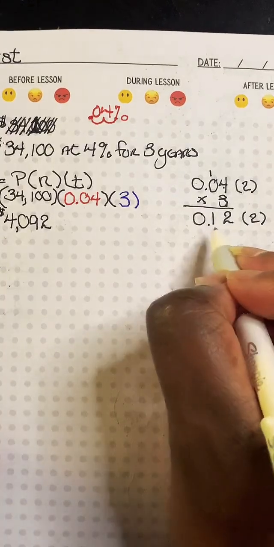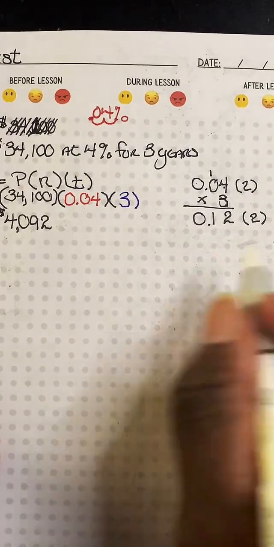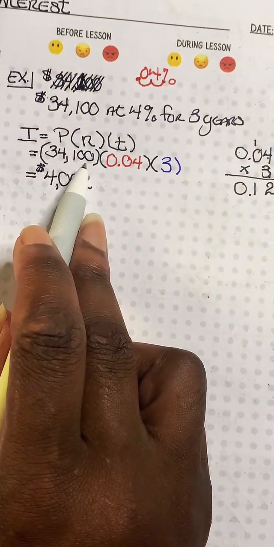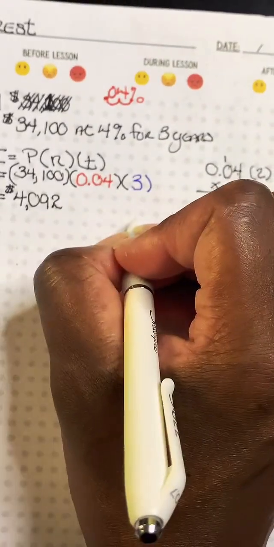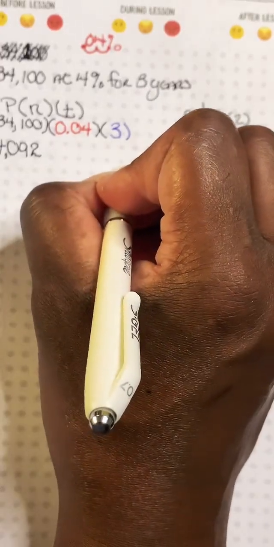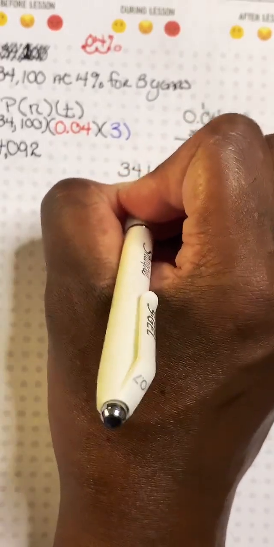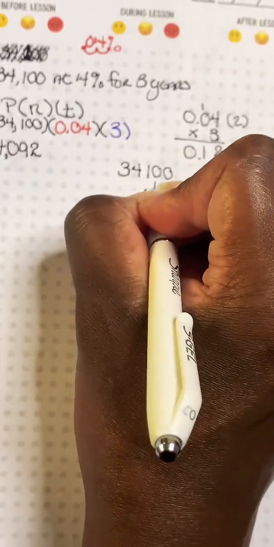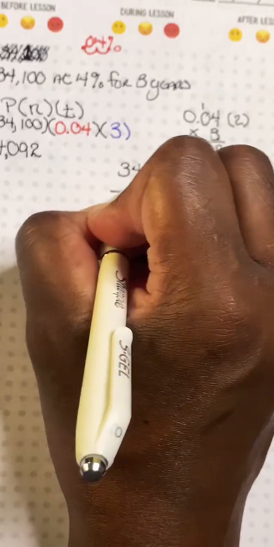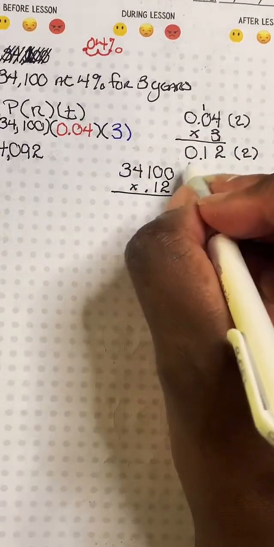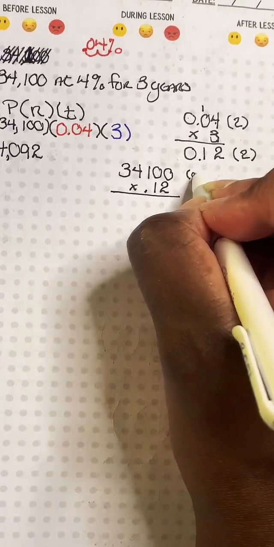So once you take care of your 0.12, then you're going to multiply it with the 34,100. So if I go 34,100 times 12 hundredths, this doesn't have any decimal places.